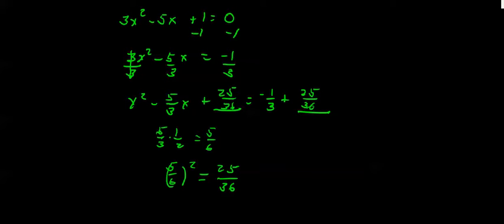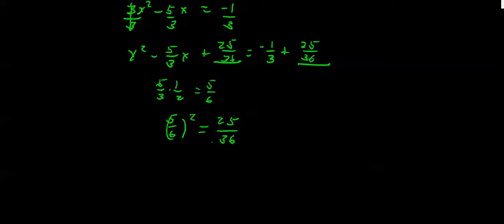Now, when we factor, because this is a minus, we need a minus here. And because we got 25 over 36 by squaring 5 over 6, it's minus 5 over 6.